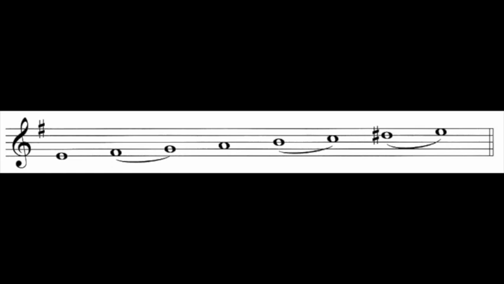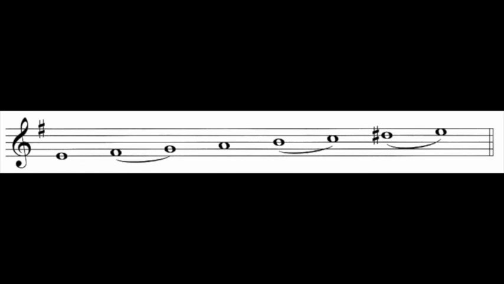So we can see here in E minor, they have raised that D to a D sharp at the end. The F sharp still affects the F, but they've raised that D sharp. So now the semitones are between 2 and 3 and 7 and 8.